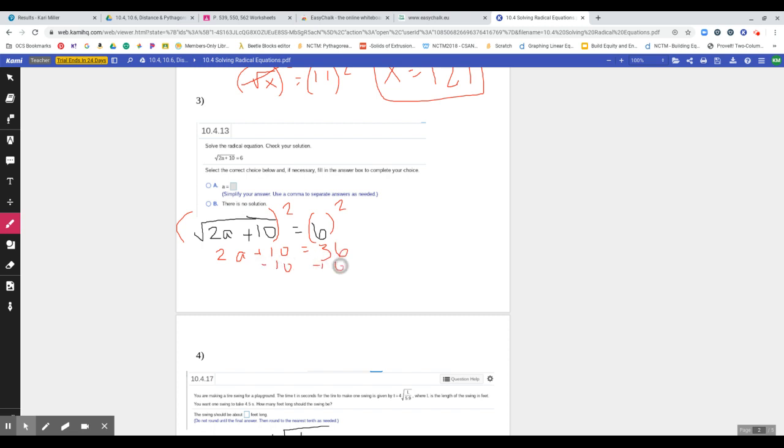So subtract 10. 2a equals 26. Divide by 2. And a equals 13. Okay, so that would go right here.